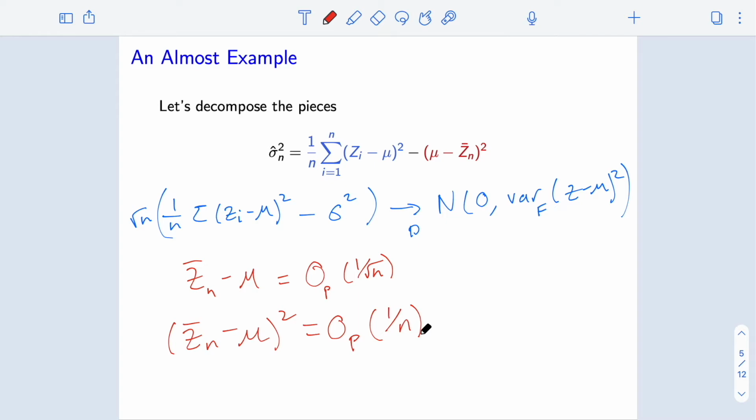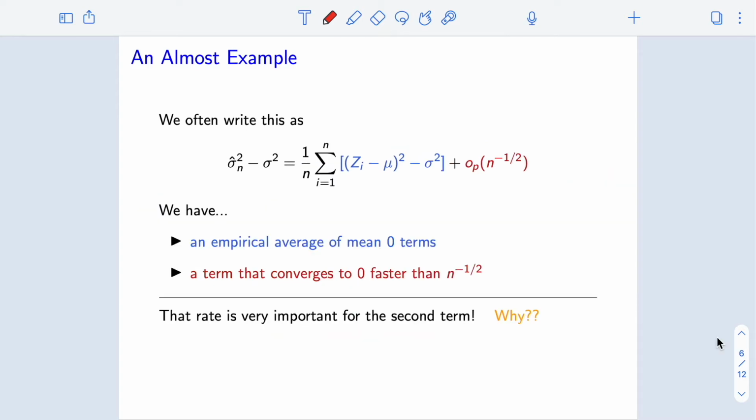So rewriting what we had before, often rather than looking at sigma hat squared on the left, we take sigma hat squared minus sigma squared, and we say estimator minus truth is an empirical average of mean 0 terms plus something that converges to 0 at a rate faster than 1 over the square root of n.